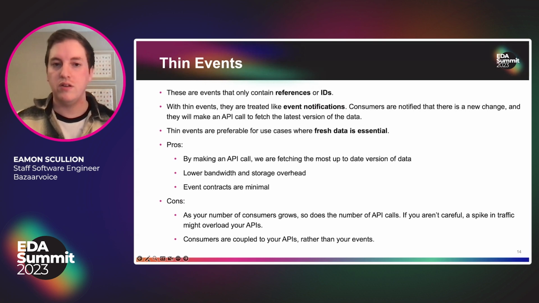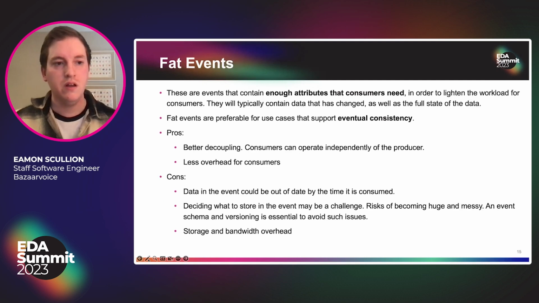If you aren't careful, then a spike in your traffic might overload your APIs. And by calling APIs, we're going to be coupling consumers to your APIs rather than your events, which is something to consider.